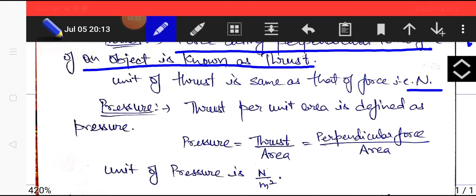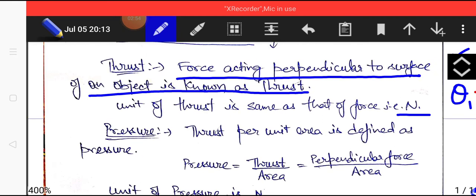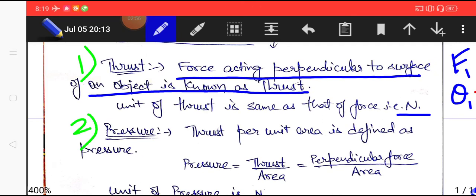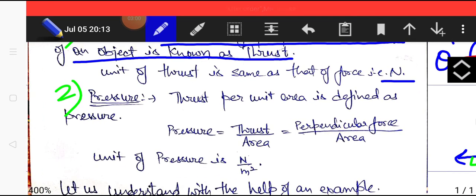The second term in the discussion is pressure. First is thrust, second is pressure. Pressure is defined as force per unit area, or thrust per unit area.